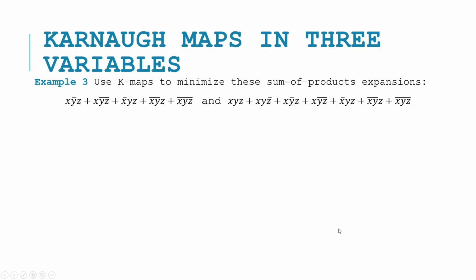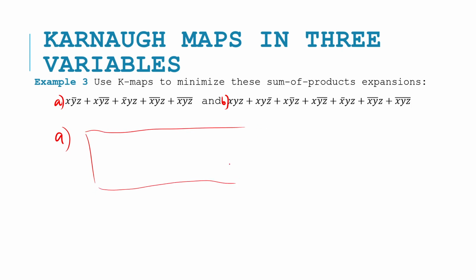Now we have here an example where we would apply that concept of blockings in K-maps with 3 variables. We want to use K-map to minimize the sum of product expansions. We have here A and we have here B. Now for A, we need to draw the K-map.